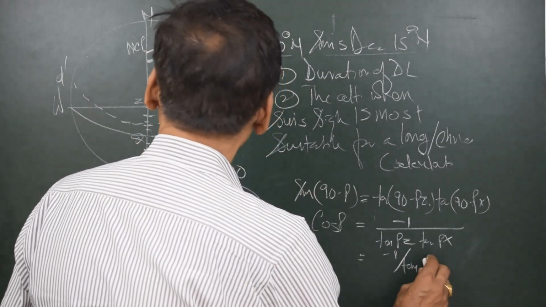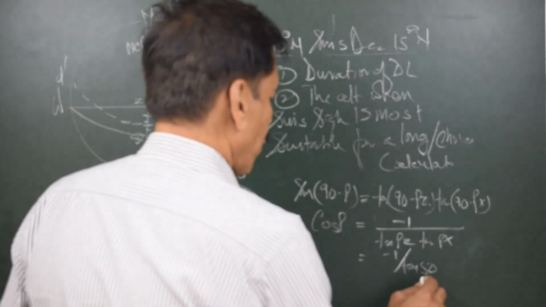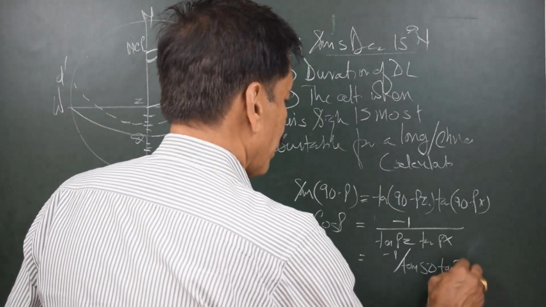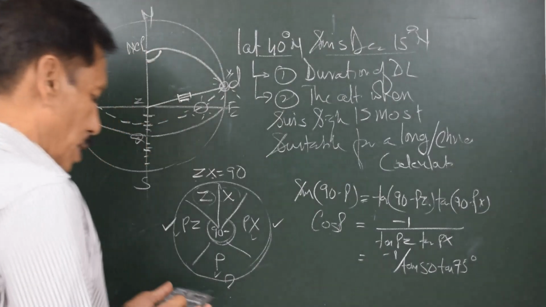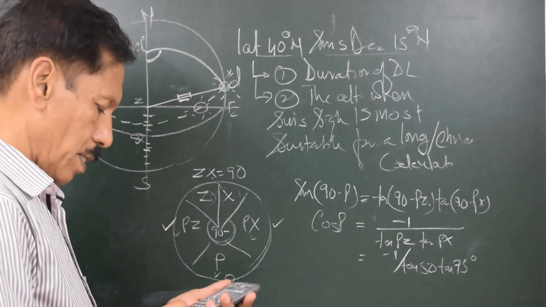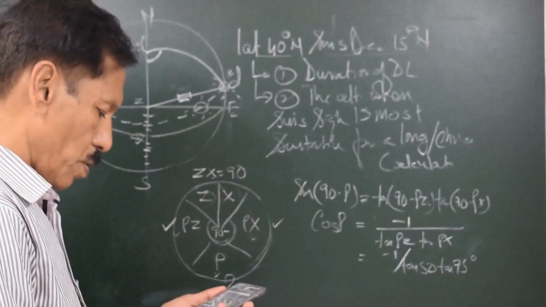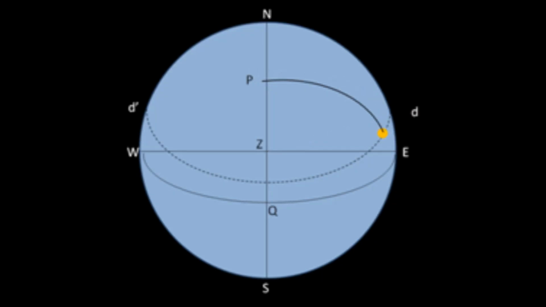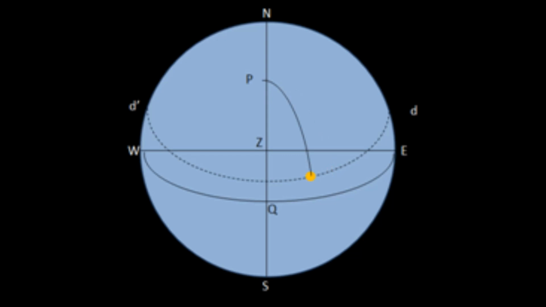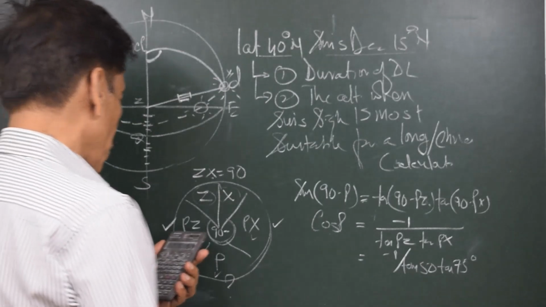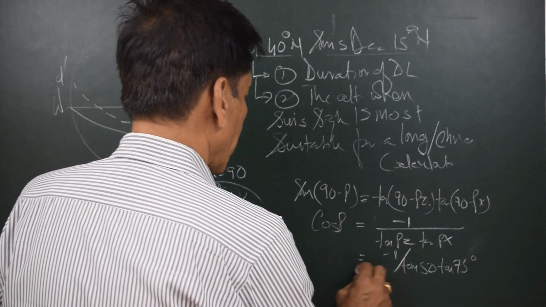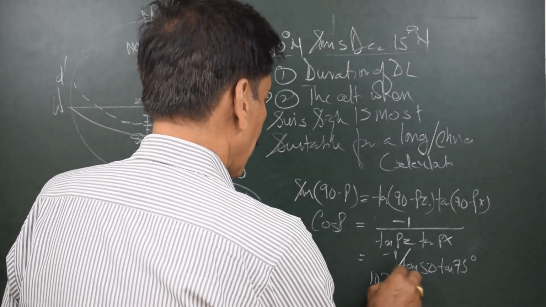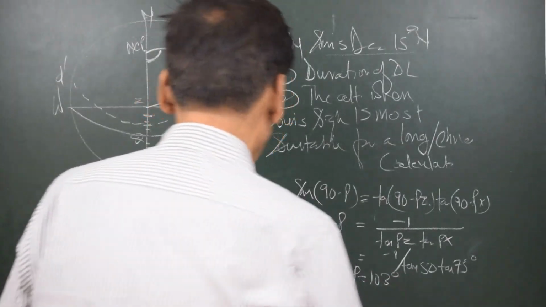tan 50, tan 75 degrees, since 90 minus 40 is 50. So the right hand side is equal to minus 1 divided by tan, and I get an angle of 102.9, so almost 103 degrees. So P is equal to 103 degrees.